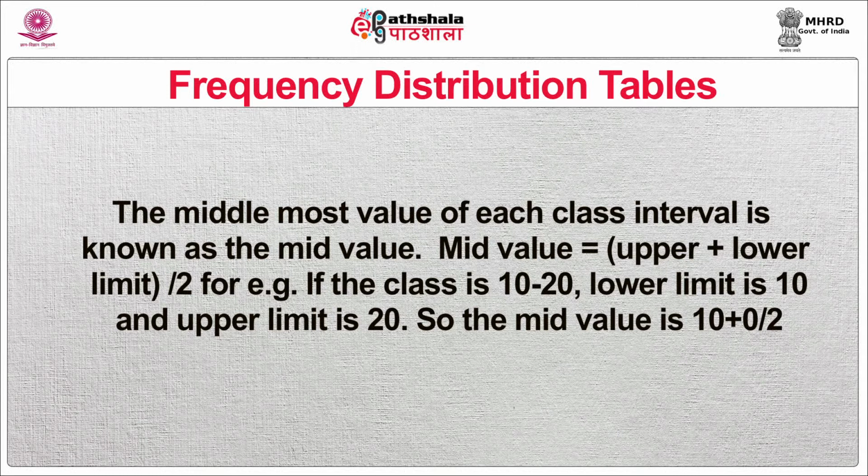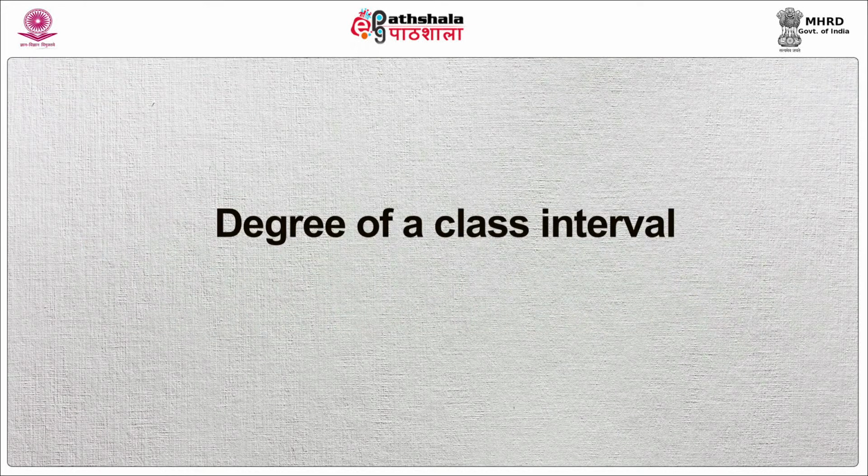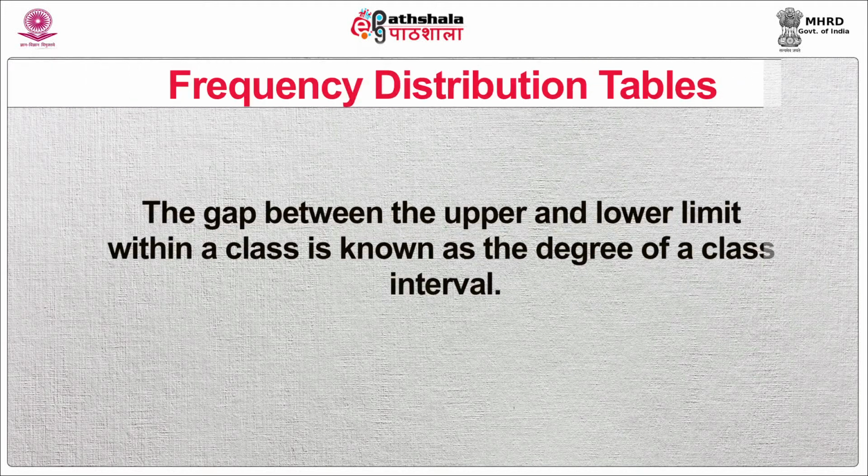For example, in the class 10 to 20, the lower limit is 10 and the upper limit is 20. So the mid value comes out to be 10 plus 20 divided by 2, that is 15. Degree of class interval. The gap between the upper and the lower limit within a class is known as the degree of class interval, that is 10 in this case.